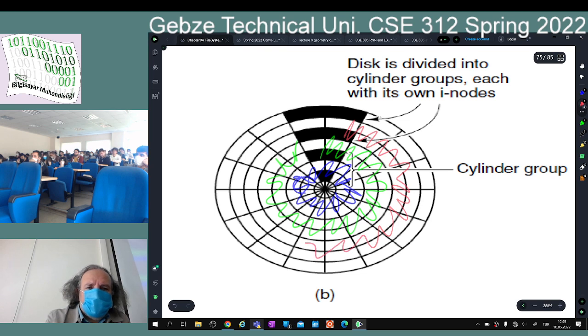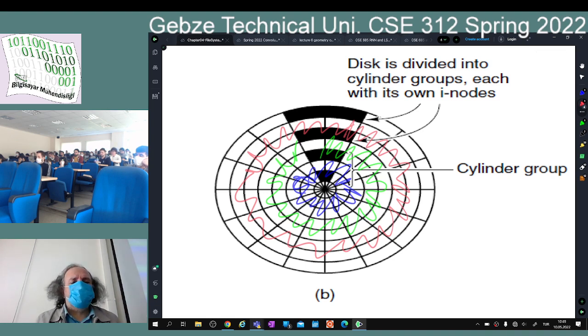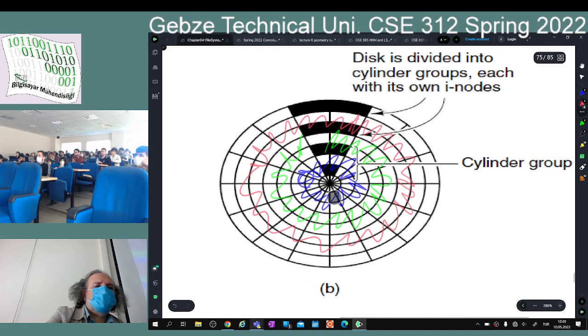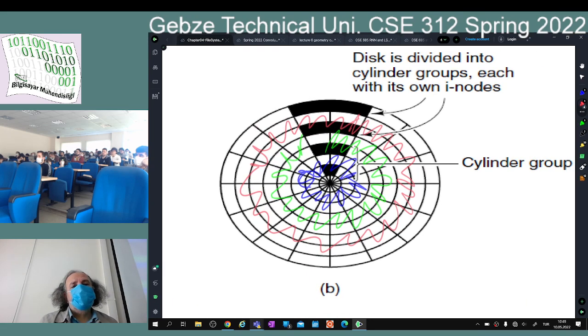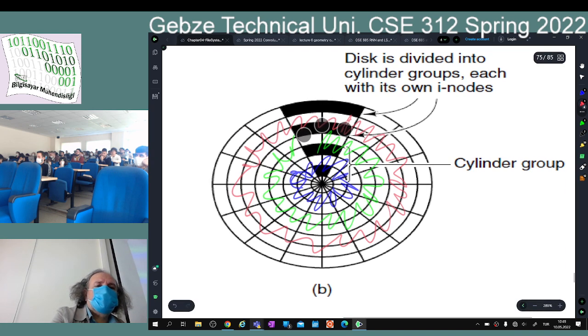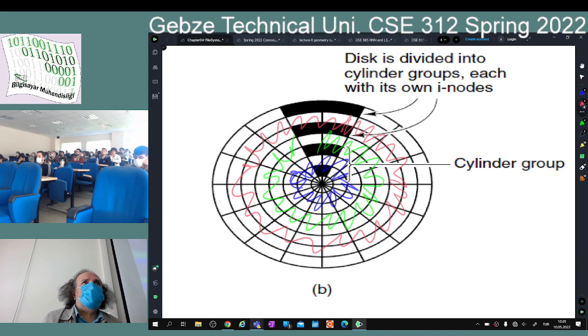So I keep my files in area 1, area 2, or area 3, and the related files are kept in, for example, the blue area, the green area, or the red area. If I keep the inodes of the red area in this part only, whenever I am reading those red area files, I know that my inodes and related files will be very close by in terms of seek times.